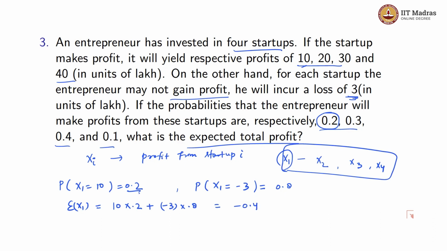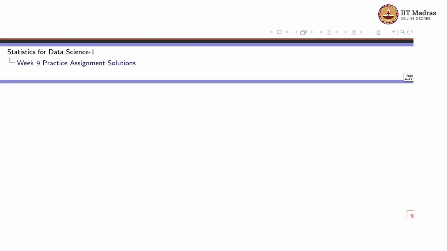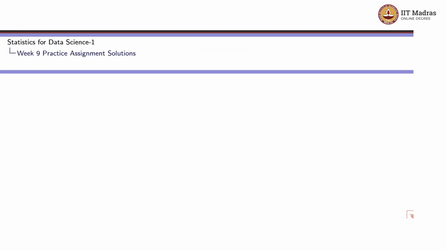Now similarly we can consider the profit from startup 2, that is random variable x2. When it gains, the value is 20. The loss is the same for all the startups, so again minus 3. The probability which is given here is 0.3, so the loss probability will be 0.7.